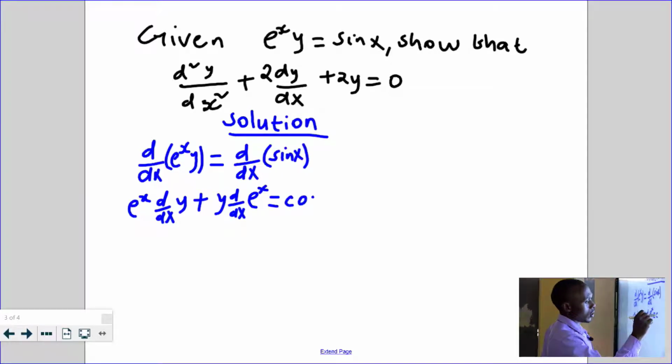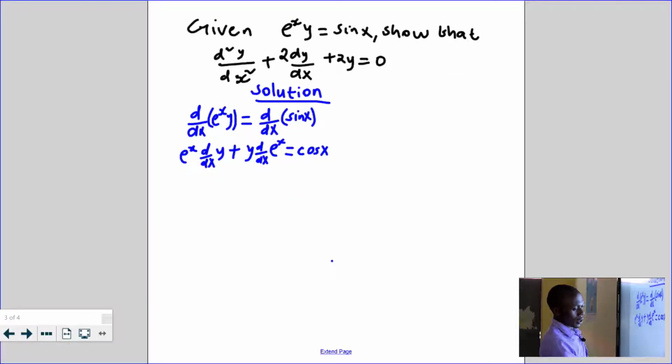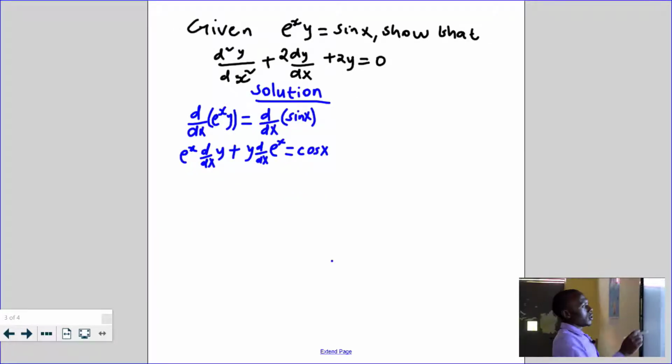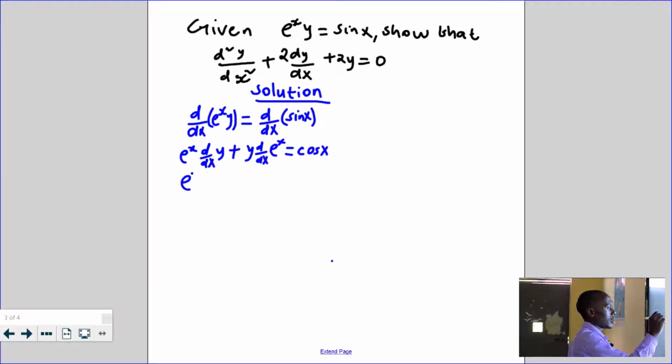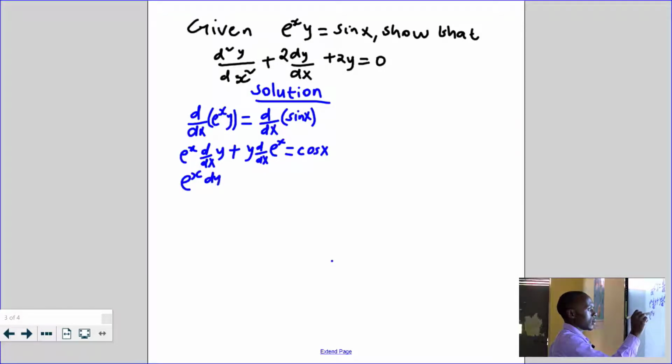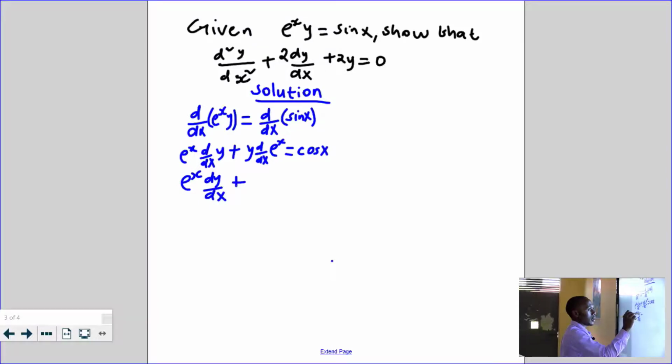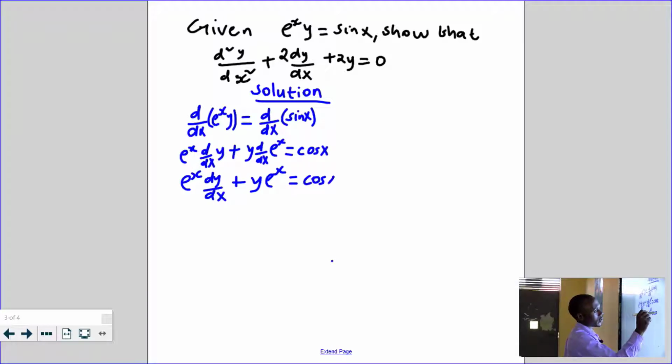So differentiating this, we obtain e^x dy/dx, then plus y, then differentiate the e^x. e^x is a constant, so it is simply that constant, e^x, equal to cos x.